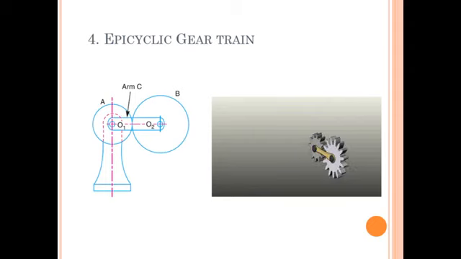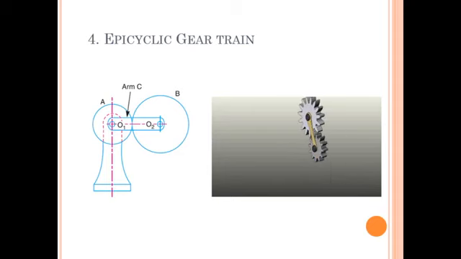In that animation you observe that, supposing the smaller gear is A and the larger gear is B, gear A has a fixed shaft, whereas gear B is rotating around gear A with shaft O2. Another combination may be like this: the O2 shaft will be fixed and the O1 shaft is rotating around the O2 shaft. This case is also possible in an epicyclic gear train.